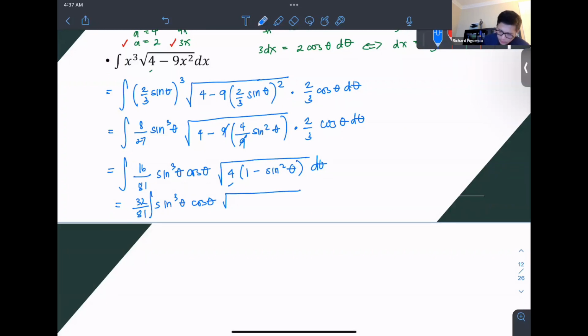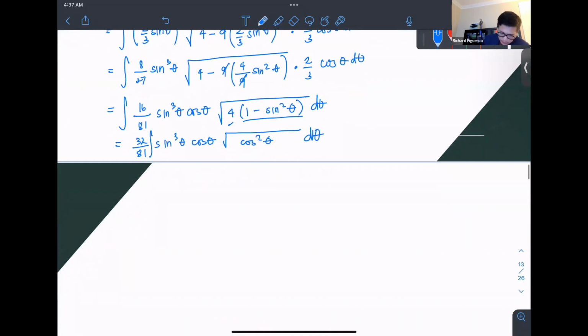So 1 minus sine squared theta will be cosine squared theta, d theta. And finally, we'll have 32 over 81 and sine cube theta. The square root of cosine squared theta is cosine theta. Multiply it with another cosine theta. So we'll have cosine squared theta d theta.